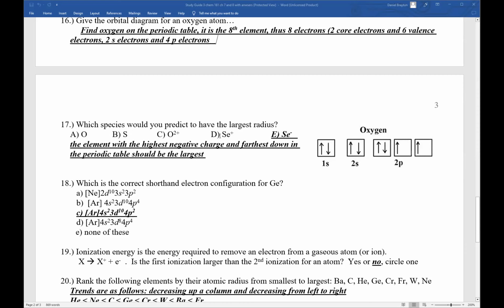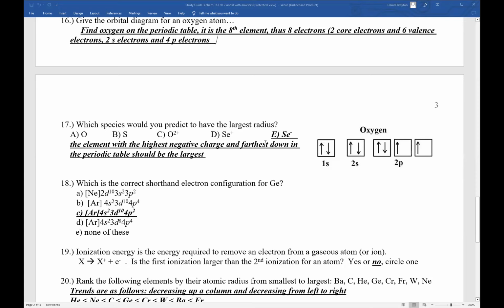So that trend tells us that the selenium would be bigger, but the positive charge has a contracting effect. So whether B or D is bigger than the other, it's hard to say for sure. But when you add an electron, the radius swells a bit. And so the selenium, the minus charge should make it the biggest.